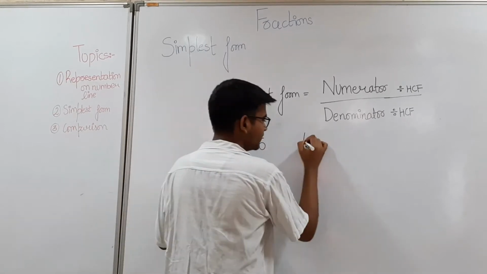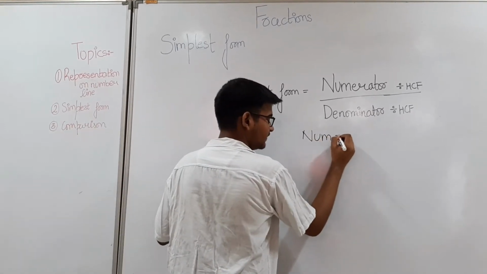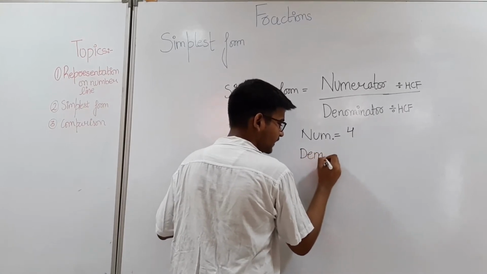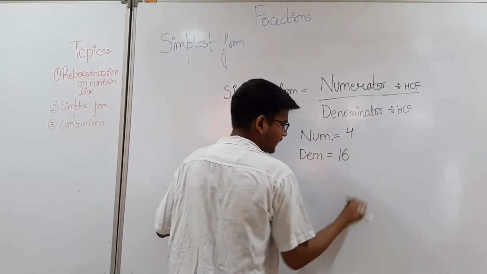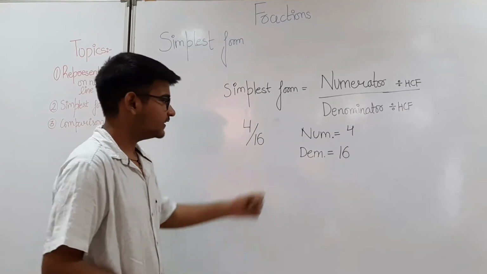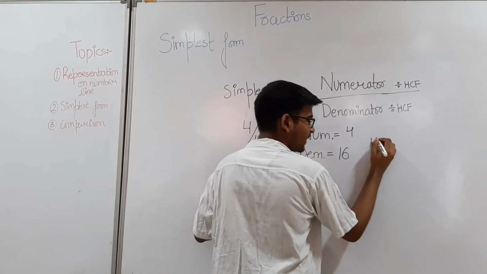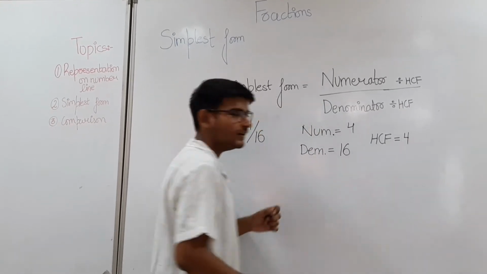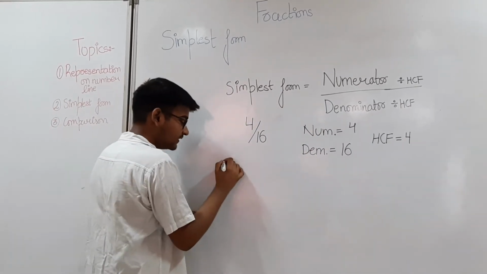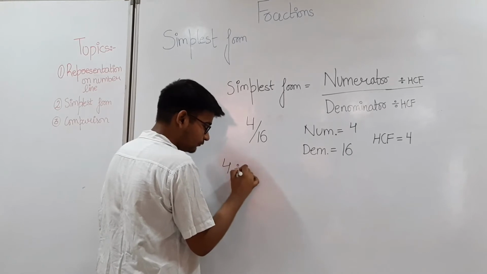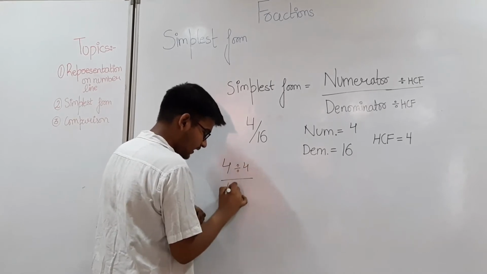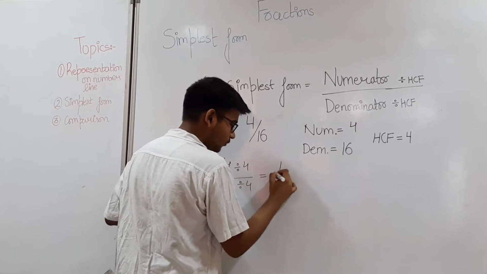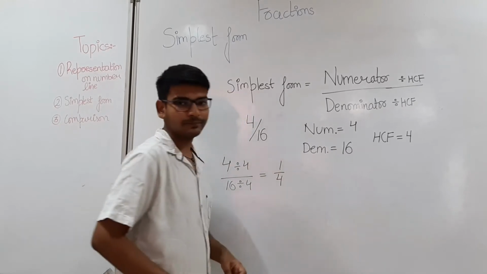Here the numerator is equal to 4 and the denominator is equal to 16. Now we know that the HCF of 4 and 16 is 4 itself. So simplest form will be 4 divided by 4 upon 16 divided by 4, that will be 1 by 4.